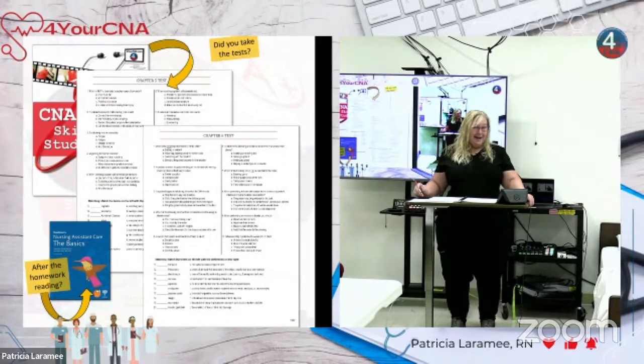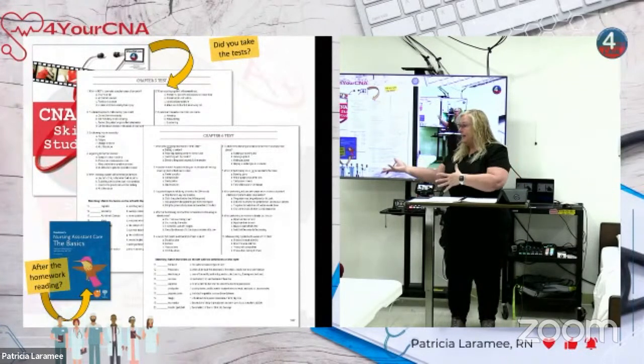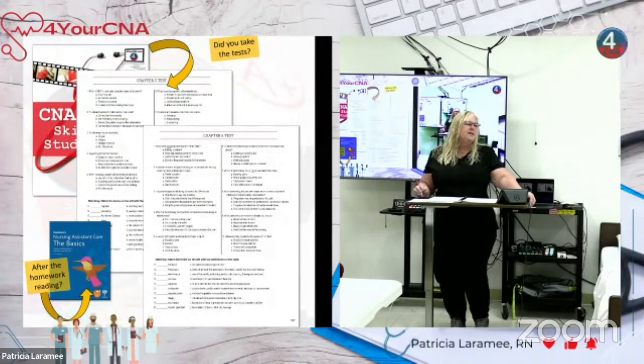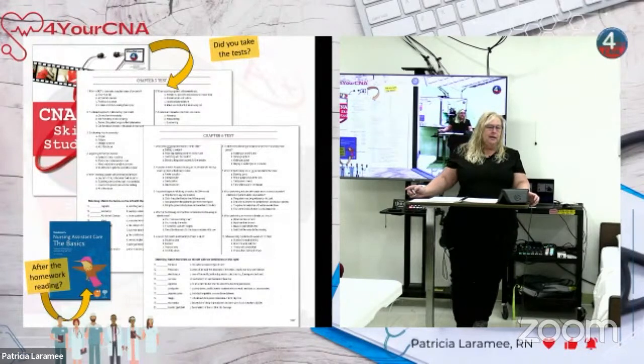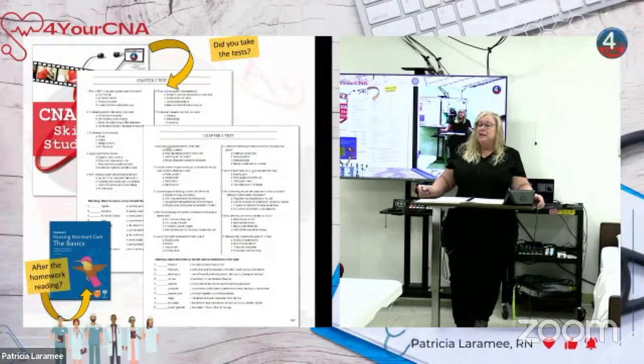Now, they're not going to ask you, what does NPO mean? They're not going to say that. They're going to use it in context. So most of the questions on the state exam are not concrete questions. What is this? They're more scenario-based questions. What are you going to do when you see this? So a question on the state exam might be, your patient is NPO after midnight.